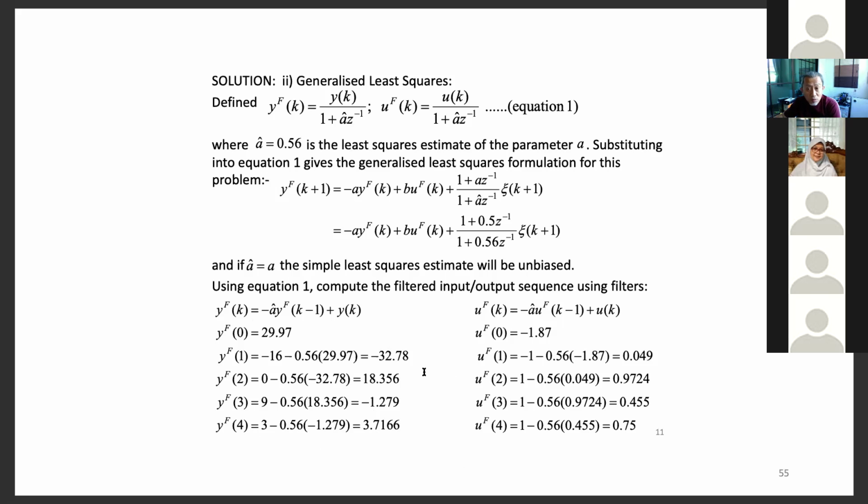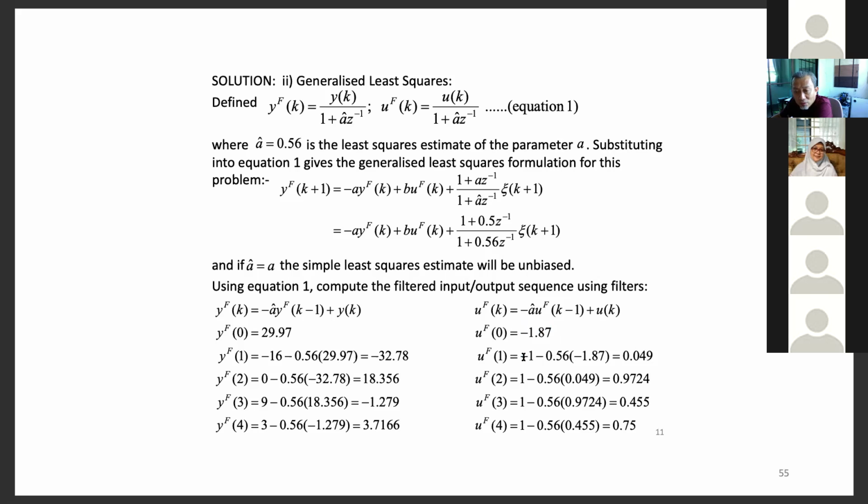The input filtering also must be used here. In this case, uf k is minus a cap uf k minus 1 plus uk. The initial value of the filtering is minus 1.87, given.